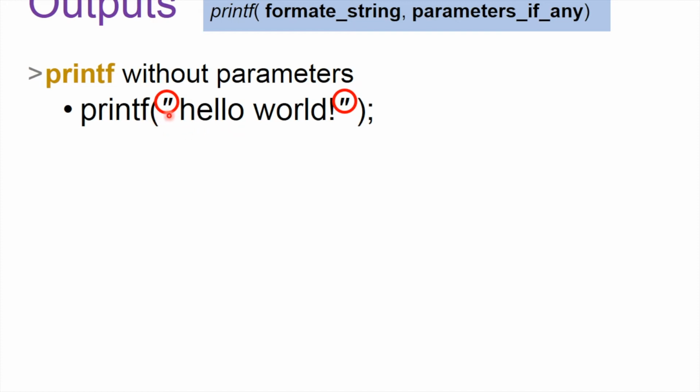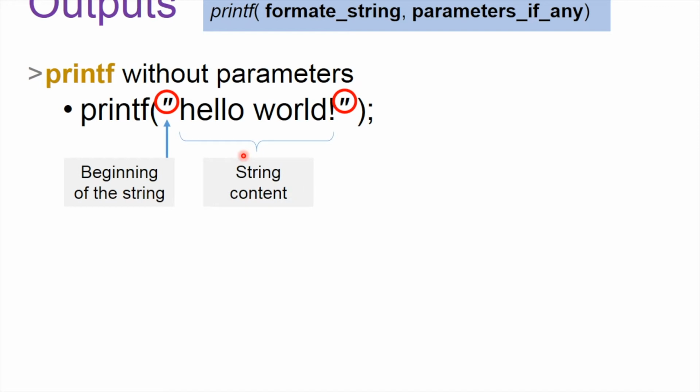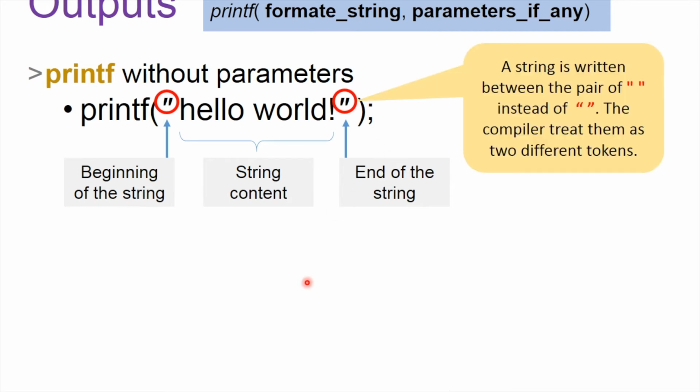What you want to output is a string. Notice that a string starts with a quotation mark, and the content of the string ends with another quotation mark. Those quotation marks have to appear in pairs.